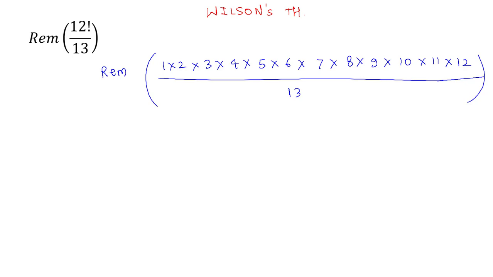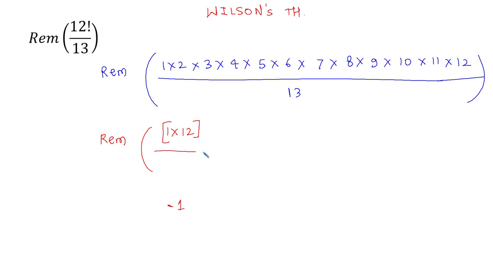Now the task is to make pairs of two numbers in the numerator such that when we divide that pair by 13, the remainder has to be plus 1 or minus 1. The first pair that we can see is 1 into 12. If we divide 1 into 12 by 13, the remainder is minus 1.